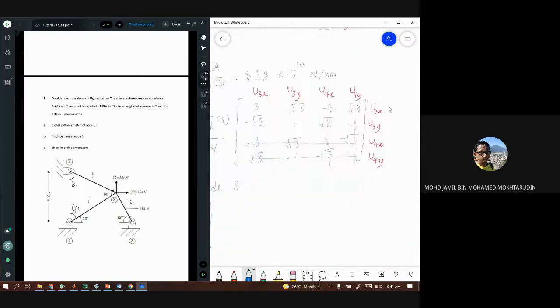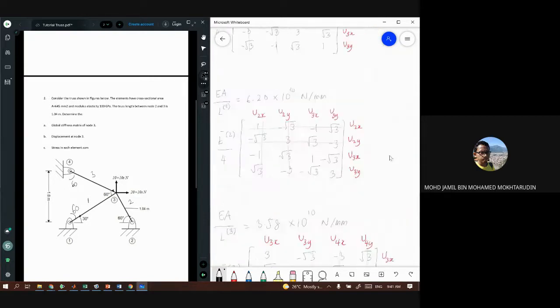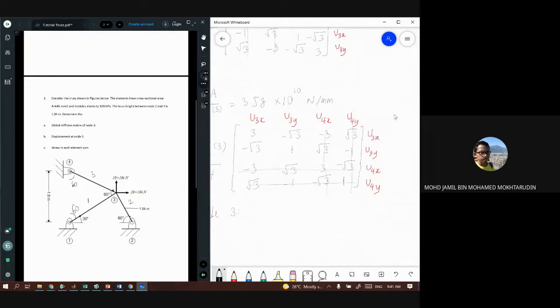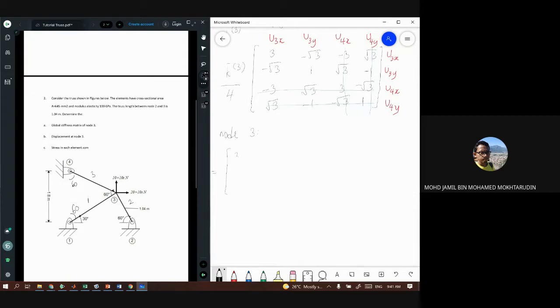So you get 3 times K1 bar over 4 plus K2 bar over 4 plus 3 K3 bar over 4.